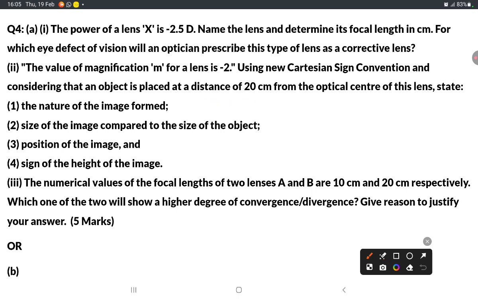The object is given here, object placed 20 centimeters, what does it become? u equal to 20 centimeters from the optical center of this lens, clear. It is 20 centimeters from the optical center, the u value has come. Obviously the u value is -20, right?